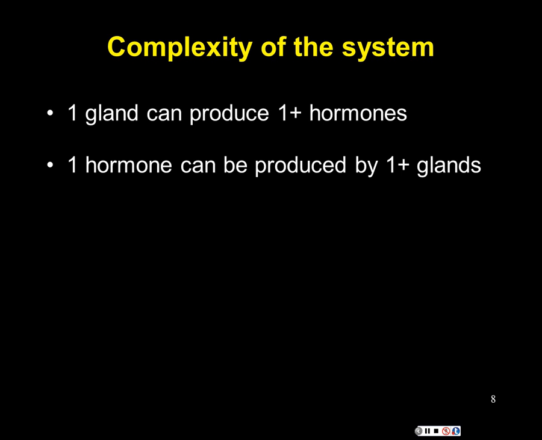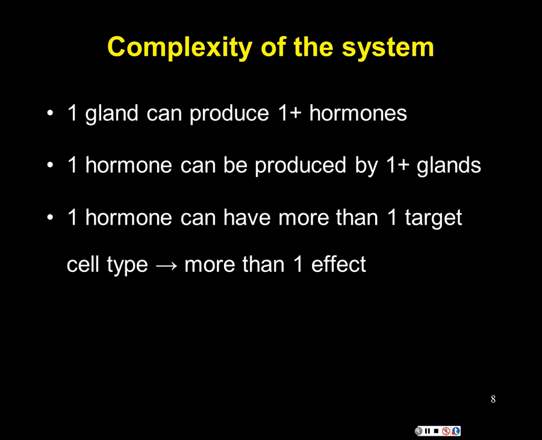As well, even more confusing maybe, is that some hormones are produced by multiple glands. Like this hormone called somatostatin. It comes not only from the hypothalamus, but is also produced by the pancreas. So one hormone can be produced by multiple tissues in the body.